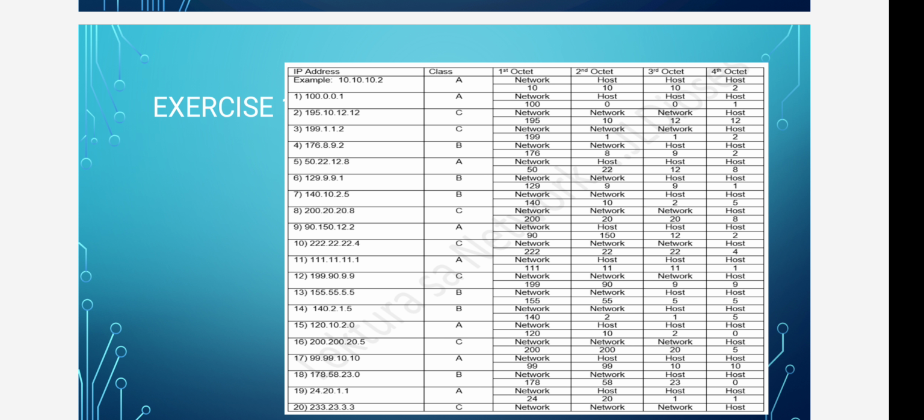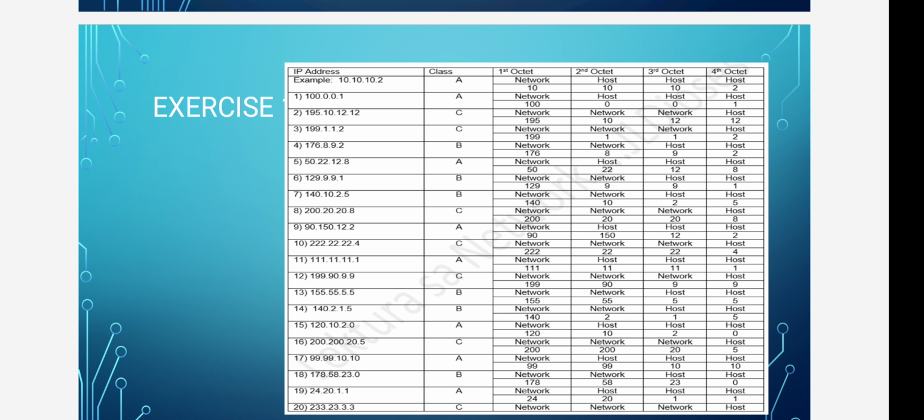In class B, we have the range of 128 to 191, and the network part of class B is the first octet and second octet.